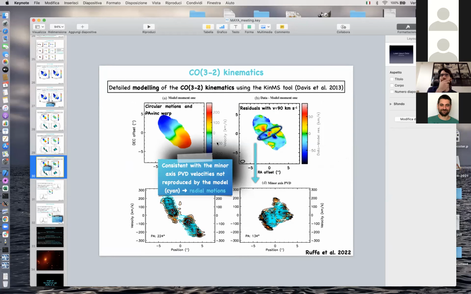No, yeah, the reason why we think that it is related to the jet is that the regions where we observe the residuals are also the regions where we observe the highest line ratios. So where there is likely a high gas excitation.